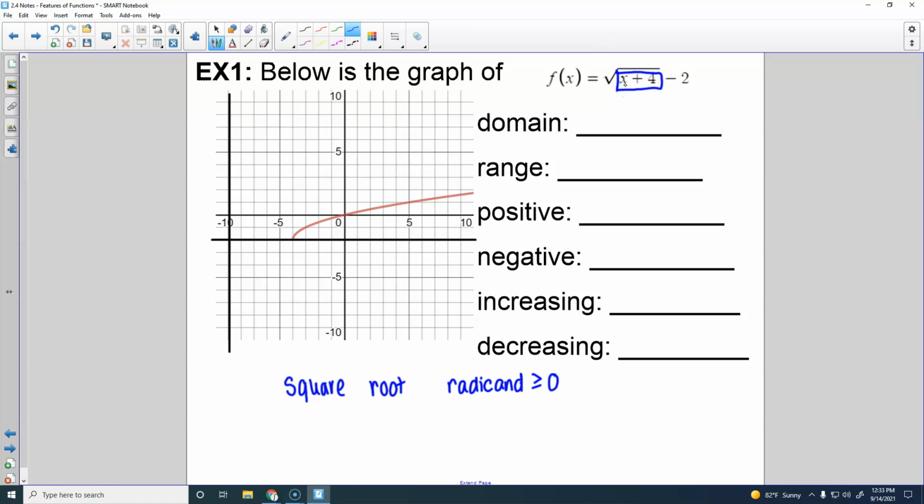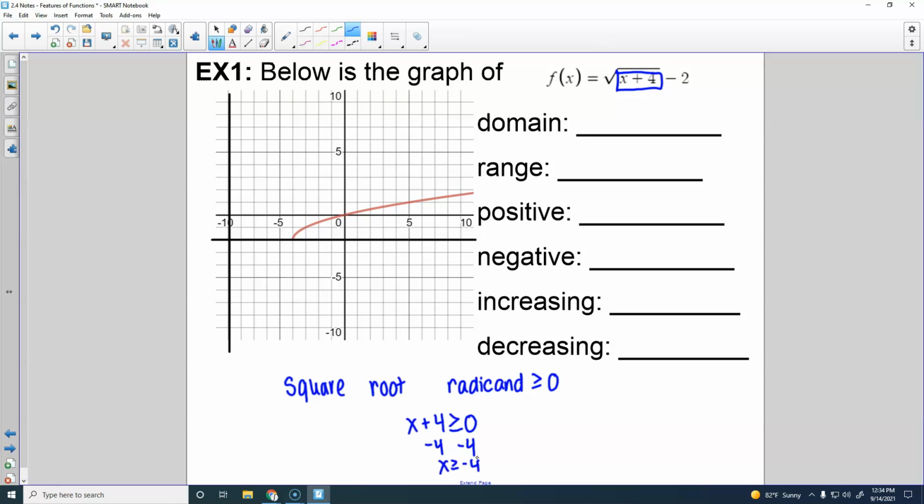So for this particular problem, even without the graph, I would say x plus 4, the stuff underneath the square root, has to be greater than or equal to 0 because I don't want any negatives under that square root. And so I would just move the 4 over, and I'd have x is greater than or equal to negative 4.